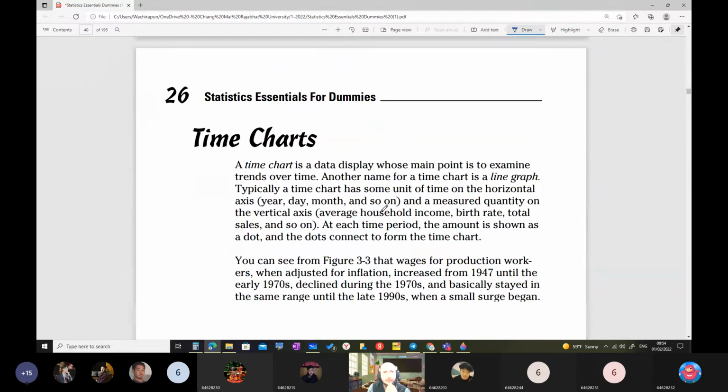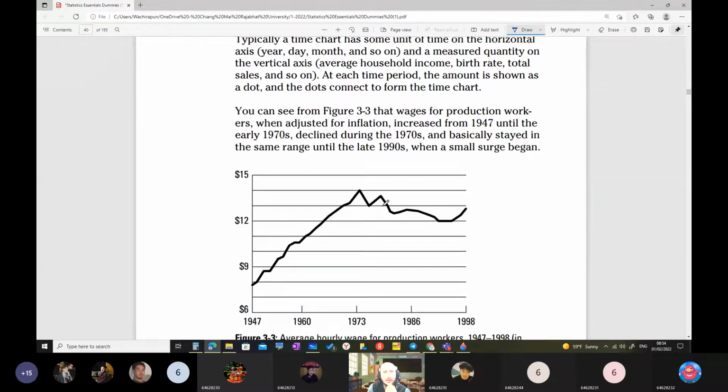Time charts, right? This is what they are showing us with the COVID. Okay, let's see.